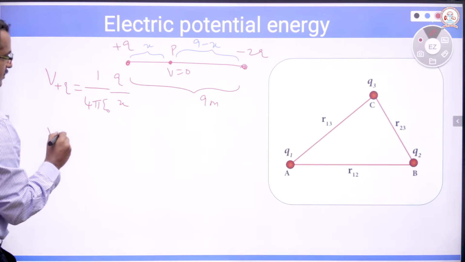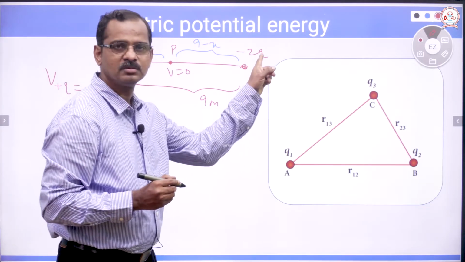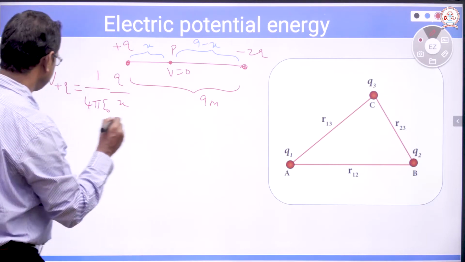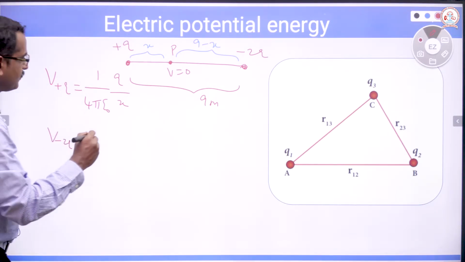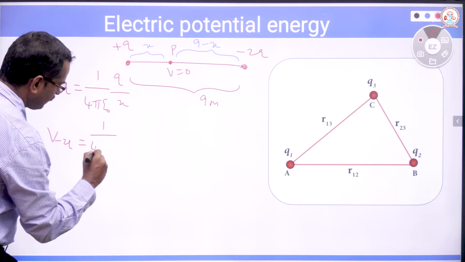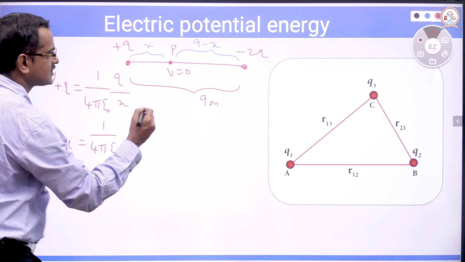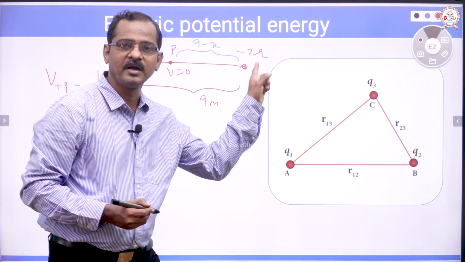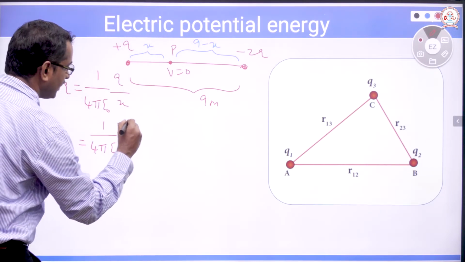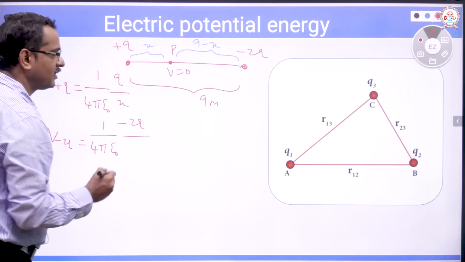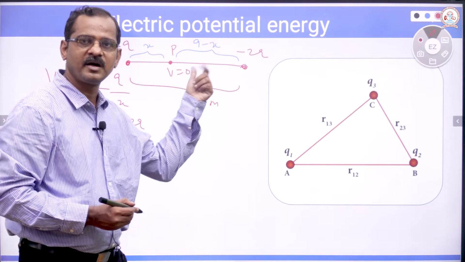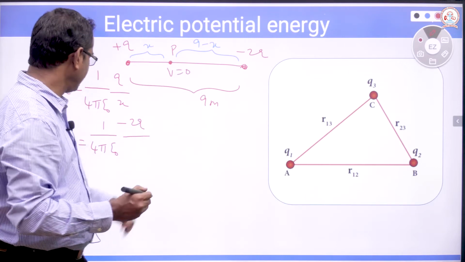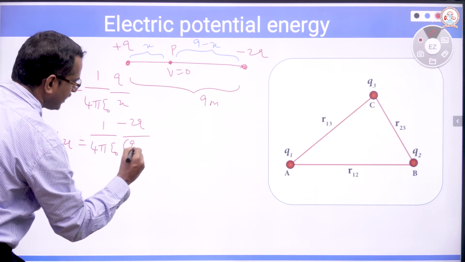The electric potential at the same point due to minus 2Q is equal to 1 divided by 4 pi epsilon naught times minus 2Q divided by the distance of the point from the charge, which is 9 minus x.